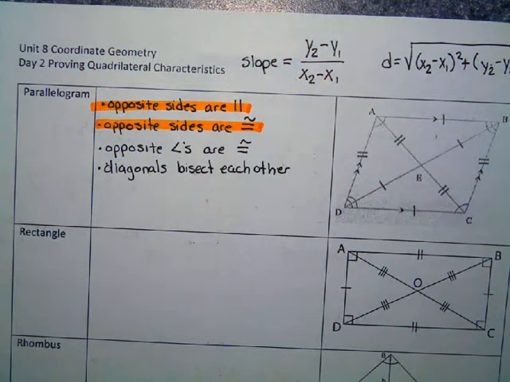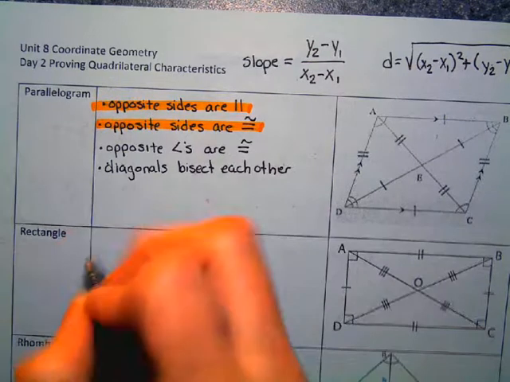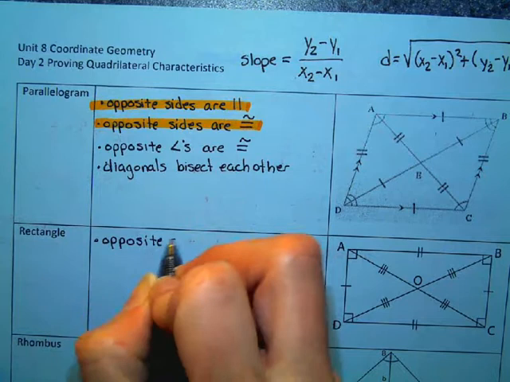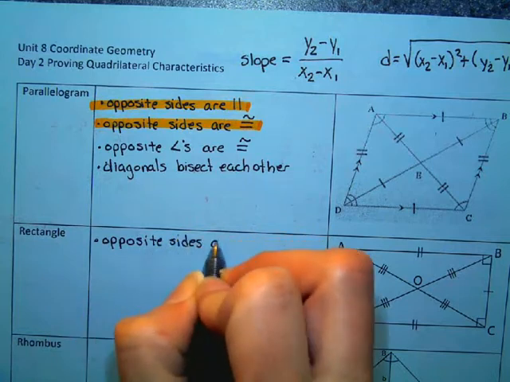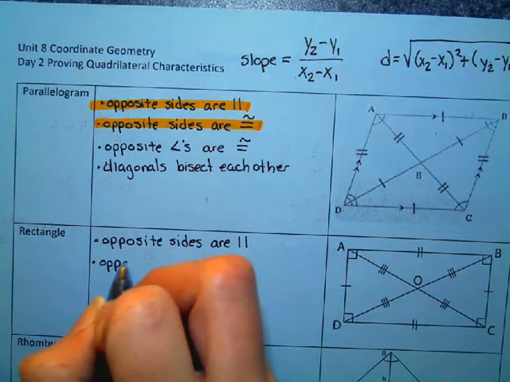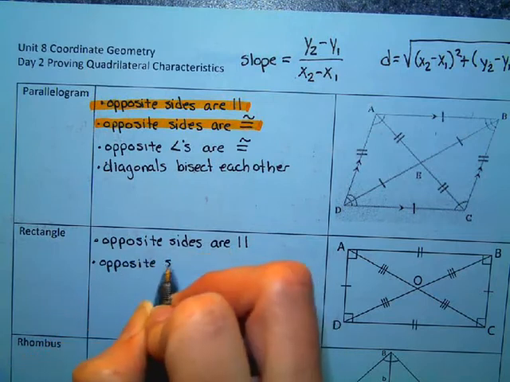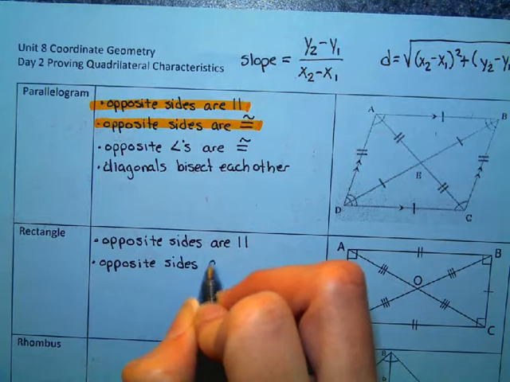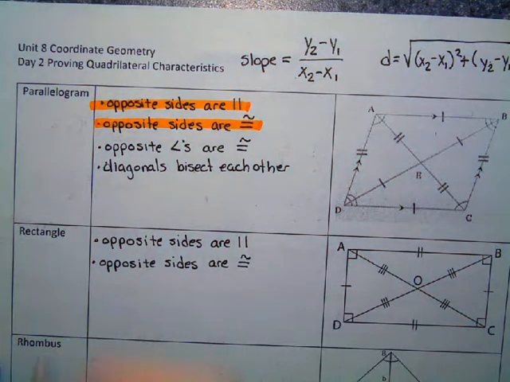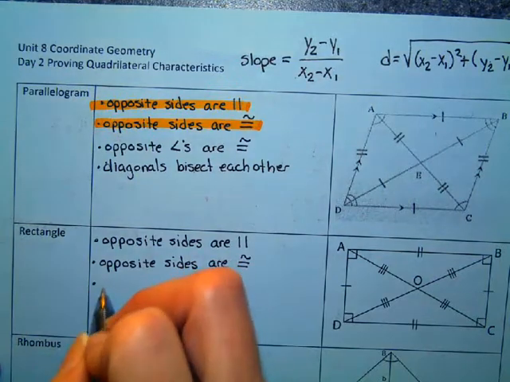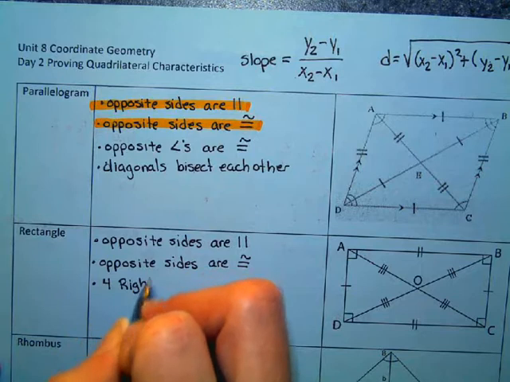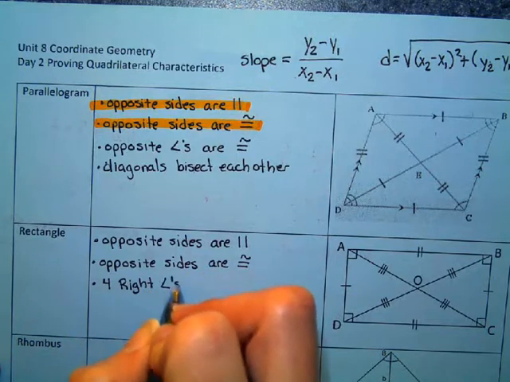Rectangles, we still have opposite sides are parallel. We have opposite sides are congruent. We have 4 right angles, which was on our little, what do you call it, flashcards we may have made.